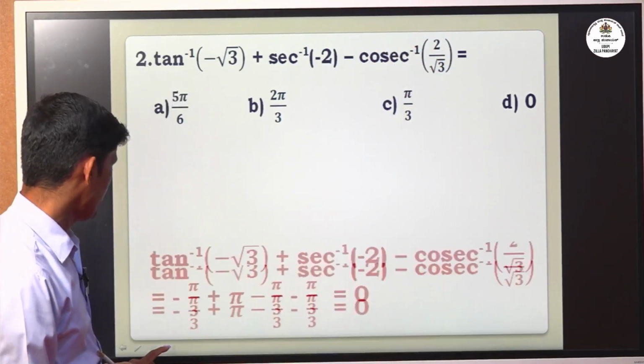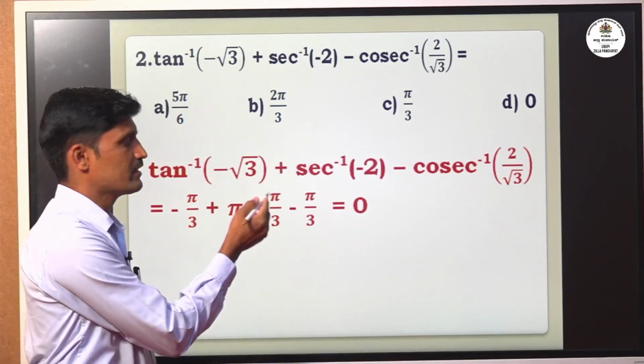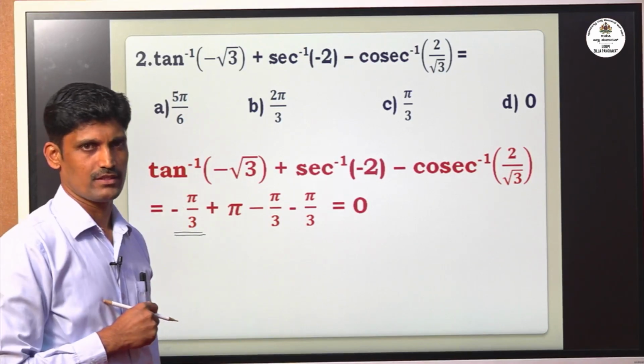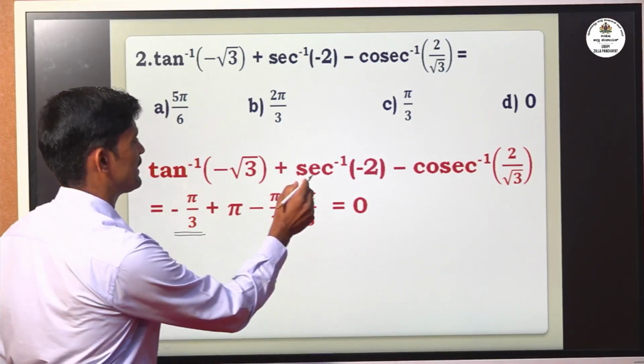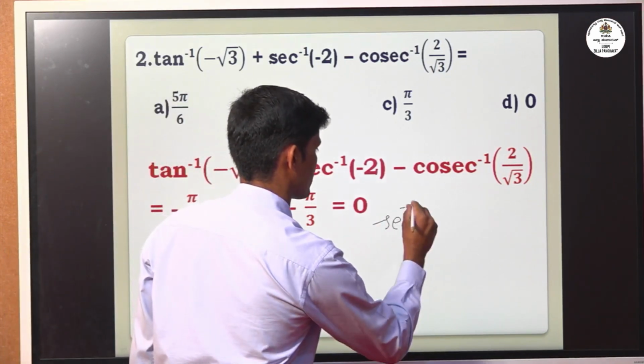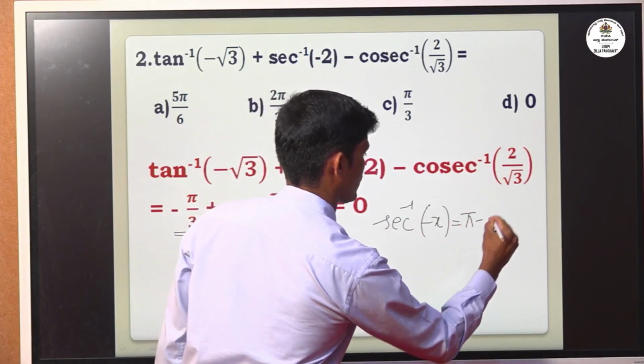Now let us find the value of this. Tan inverse of minus root 3 is minus tan inverse root 3, that is minus pi by 3, that is 60 degrees. And secant inverse of minus x is equal to pi minus secant inverse x.